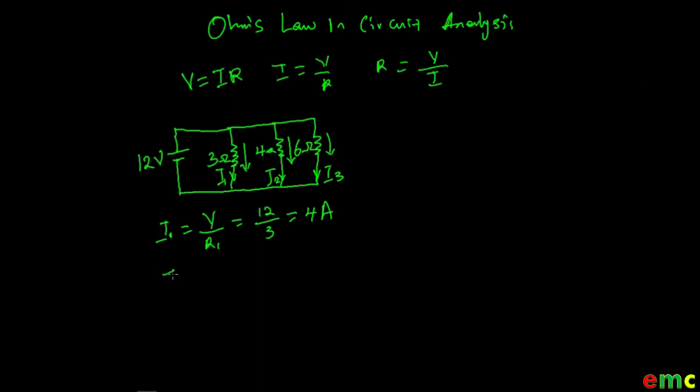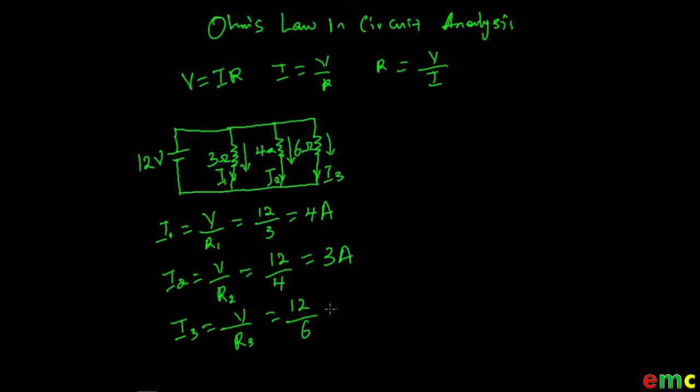To get I2, we have the voltage over the resistance, so that gives us 12 over 4, which is going to give us a current of 3 amps. And our I3 is going to be the voltage over the resistance, 12 over 6. That gives us a current of 2 amperes flowing in the third branch.